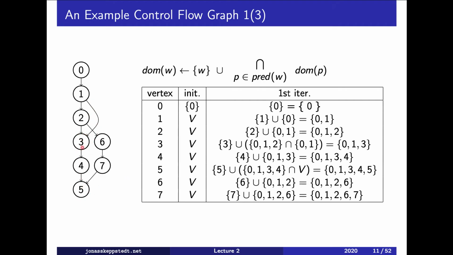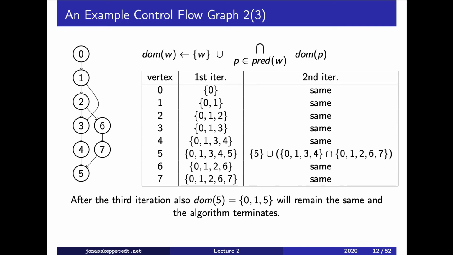It should be 0, 1, and 5. Not 2, because we can skip 2 and go like this. And not this either, of course. Okay, but we start with overestimating, and then we remove those which should not be there.